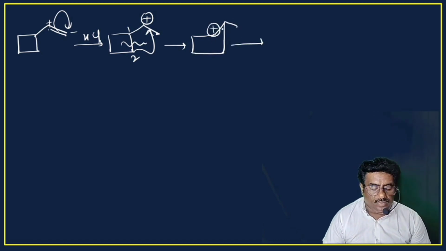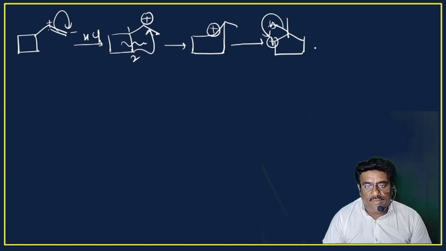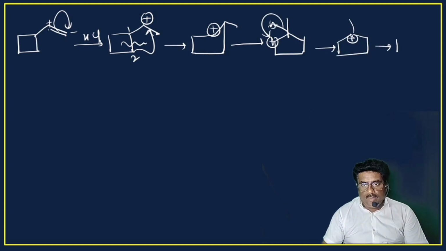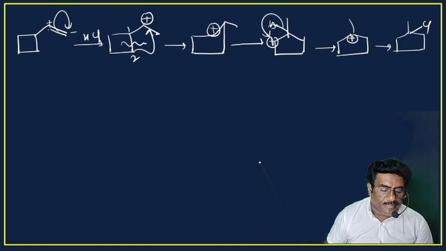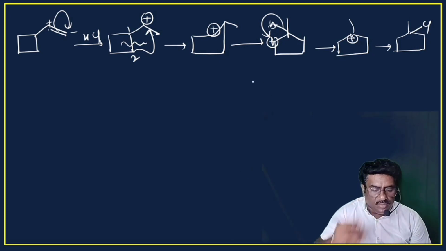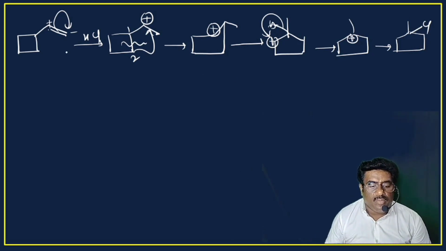Now this can be written like this. Hydride shift, positive charge. It forms Cl. As much hydride shift as possible, it forms the product.